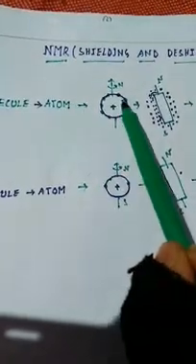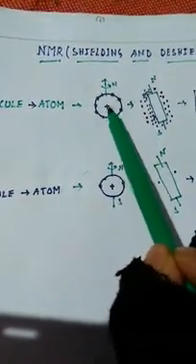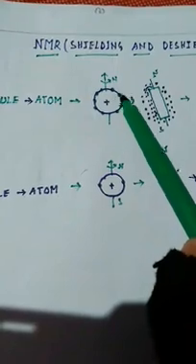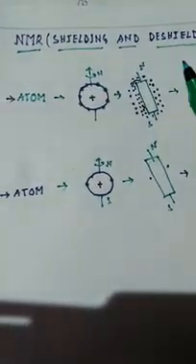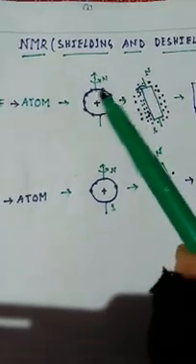Every molecule has atoms, and every atom has a nucleus, and the nucleus is positively charged, and around the nucleus there is a cloud of electrons.